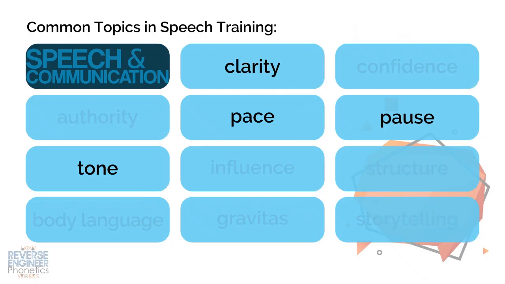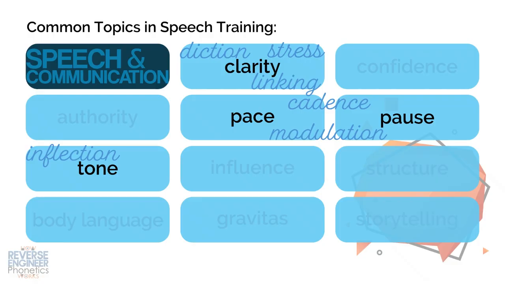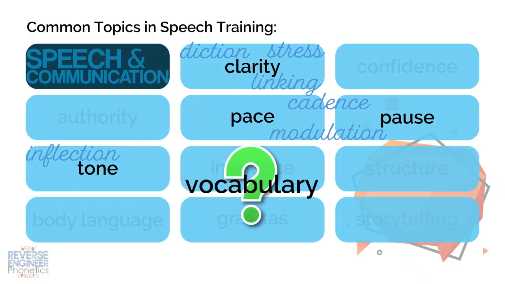And so, Reverse-Engineer Phonetics focuses on such techniques as diction, stress and linking to address clarity, cadence and modulation to address pace and pause, and inflection to address tone. In extreme situations, the trainer might even address vocabulary if needed.